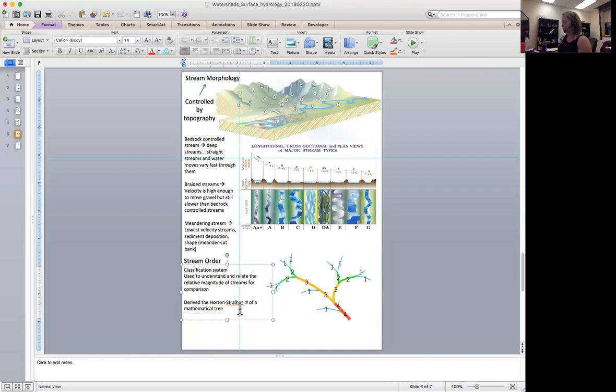And the way it works is that each segment of a stream or river is numbered, and the way that you start with numbering is you start with the headwater streams. So those are designated as a 1.